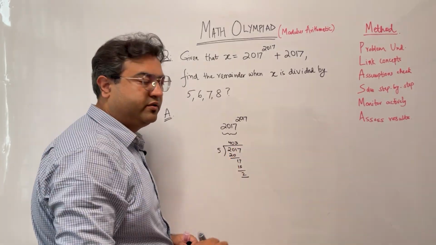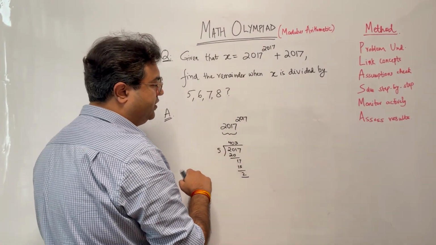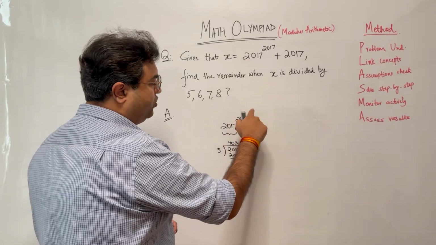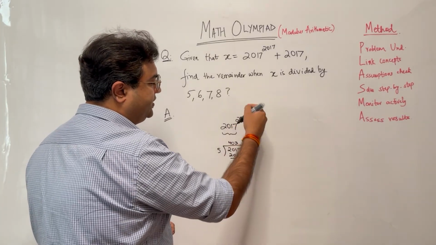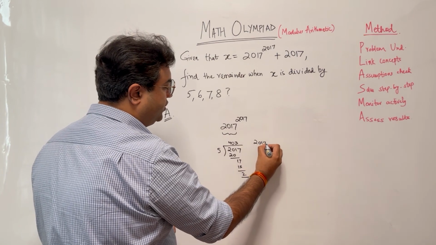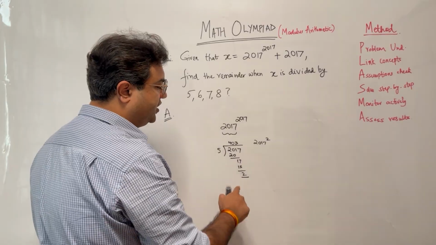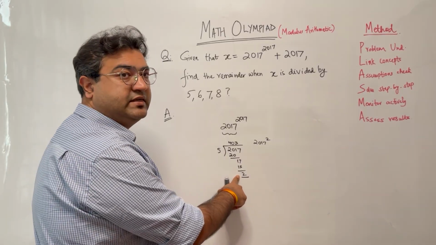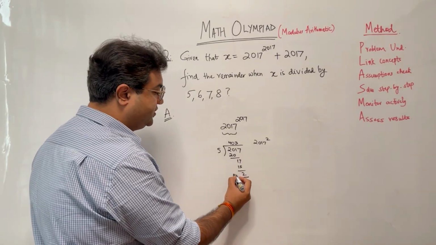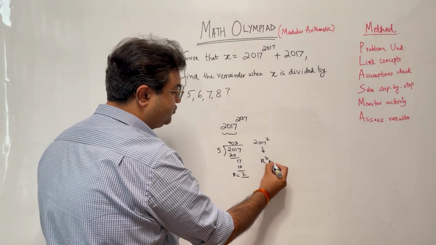So 2 is our remainder when 2017 is divided by 5. Okay. So we have to go another level, 2017 square. When we square it, as I said earlier, it will be r square. So this is our r, and for 2017 square, our r square will be 4.